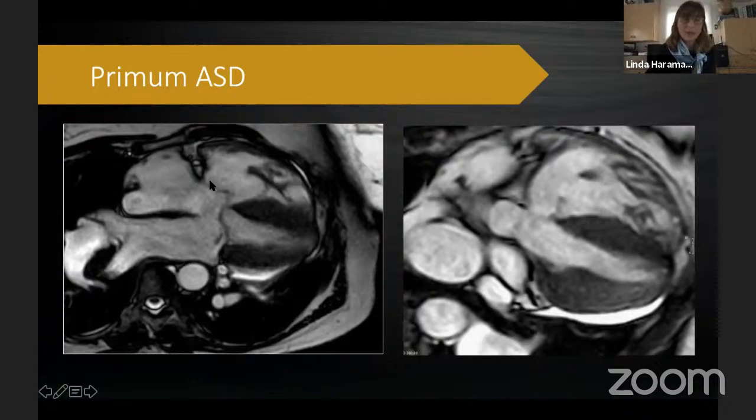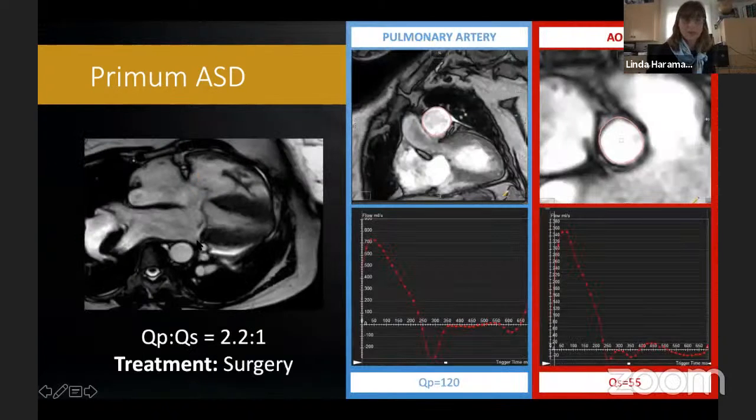Typically, the AV valves are not called the tricuspid valve and the mitral valve in a primum defect, but rather the right AV valve and the left AV valve, and we see regurgitation of the left AV valve. This is the defect, low in the interatrial septum.